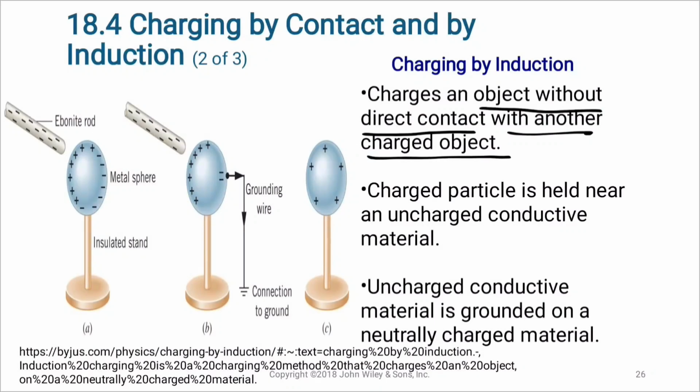A charged particle is held near an uncharged conductive material, and this uncharged conductive material is grounded. If you observe, we have three samples, or let's say these three neutral objects.